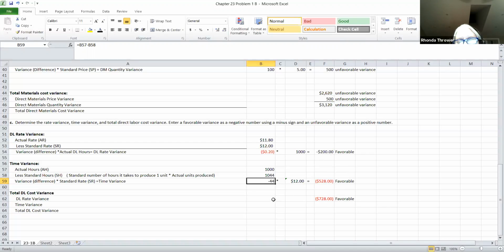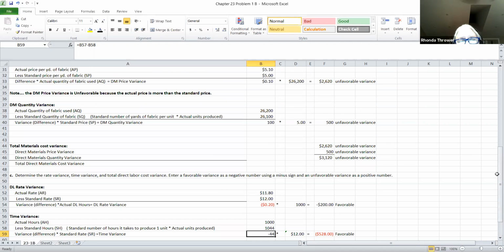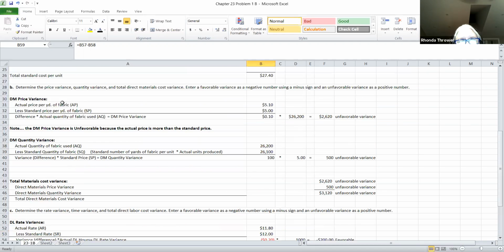So what you need to get out of this problem is you need to learn the formulas for calculating the direct materials variances. Direct materials has two variances. They have a price variance and they have a quantity variance. Learn these formulas.